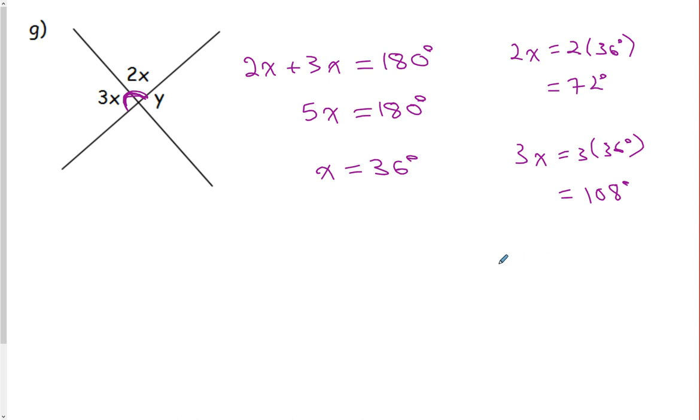And our last one, y, we can use our supplementary angle theorem. We'll say 180 degrees minus 2x. Oh, and actually we can say it is identical to 3x using our opposite angle theorem. So we can say it's 108.